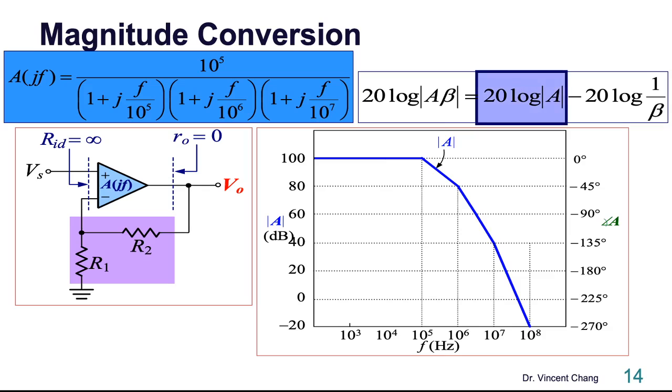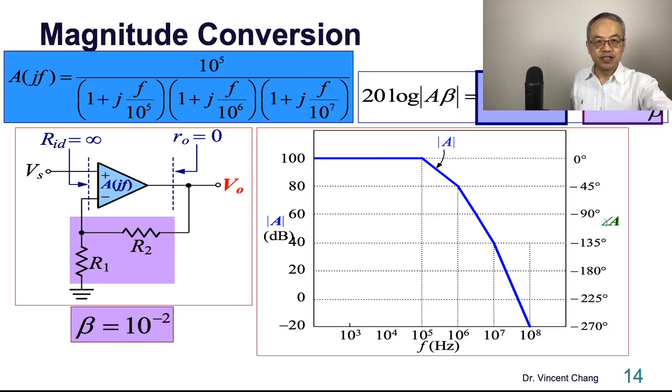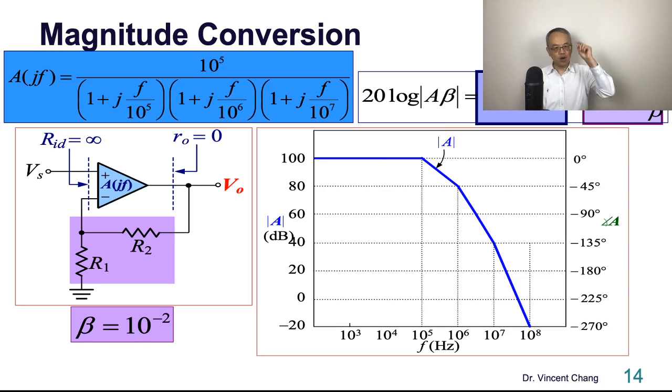So what's the difference? The difference relies on the 20 log 1 over beta. From A, focus on the conversion from A to A beta.